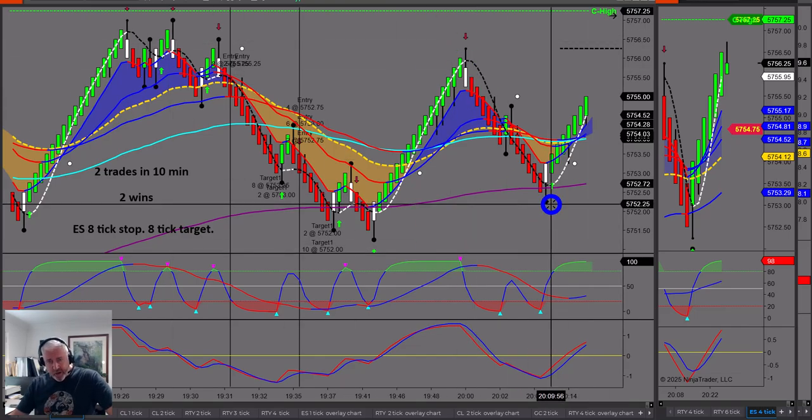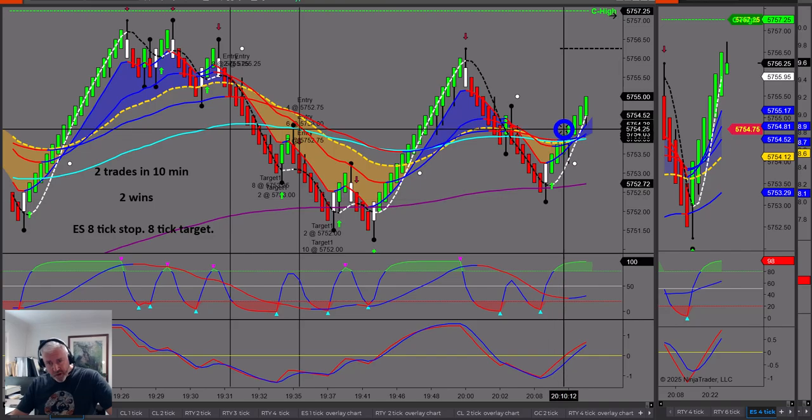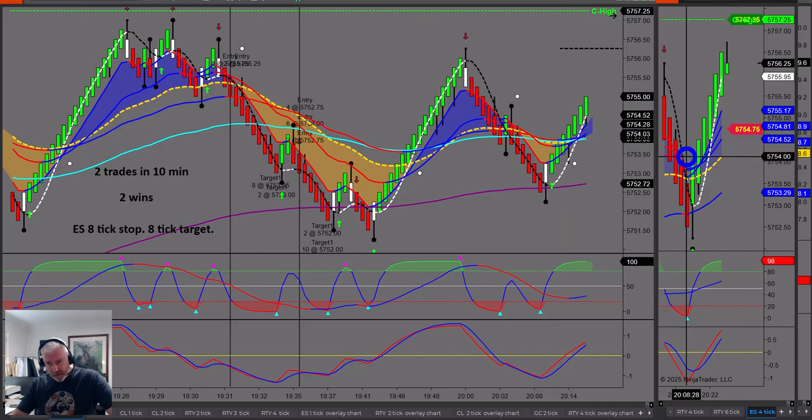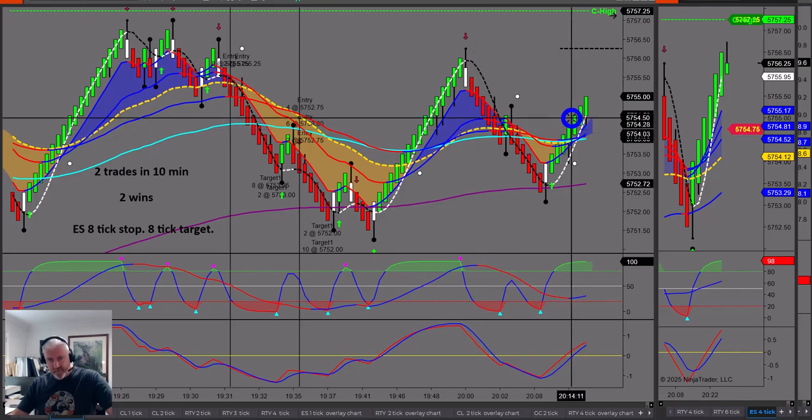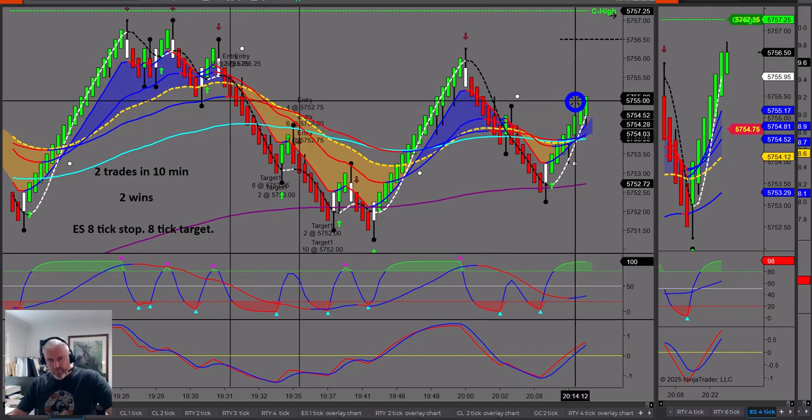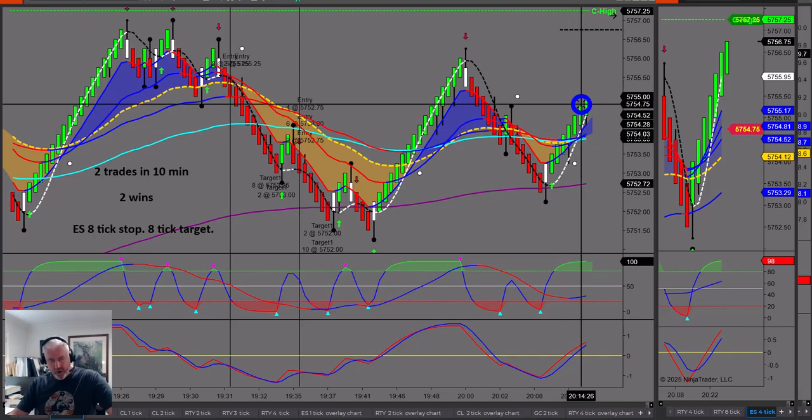It is a 3B. So there I would have been in at 54.25. So once I hit up here, and probably about here, I would go to break even.